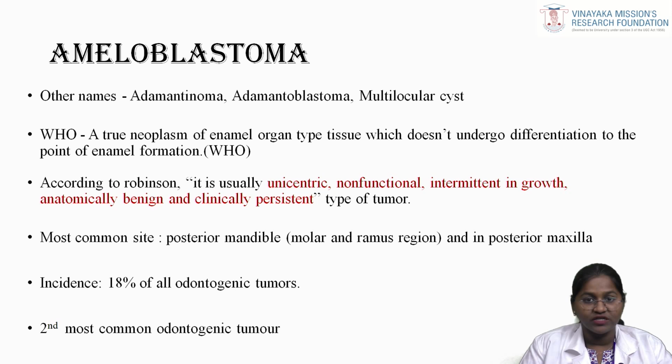So Robinson's definition is a universally accepted definition for ameloblastoma. It is most commonly seen in the posterior mandible, that is the ramus and then the molar region are most commonly affected, and in the maxilla the posterior region is commonly affected.